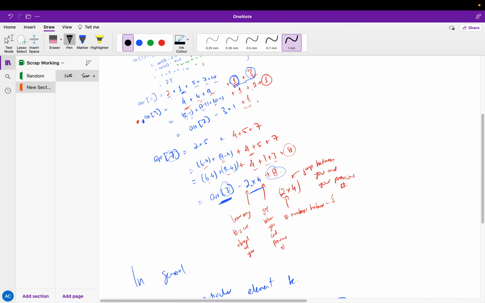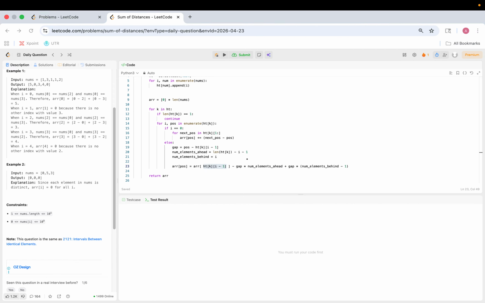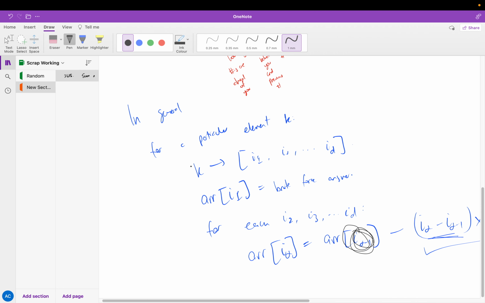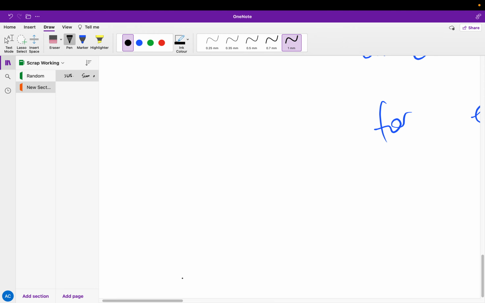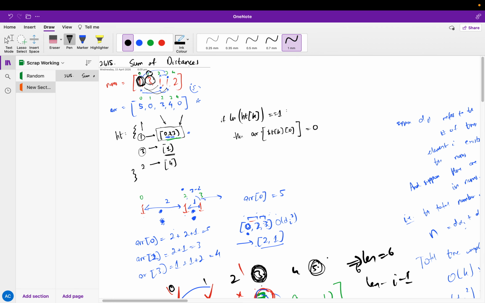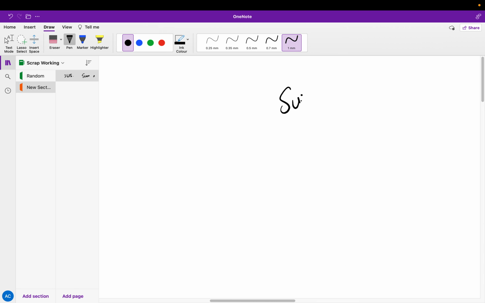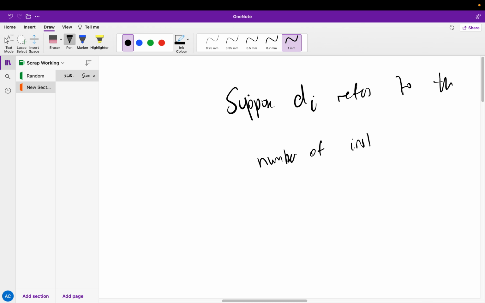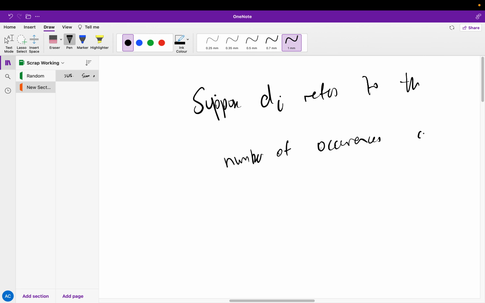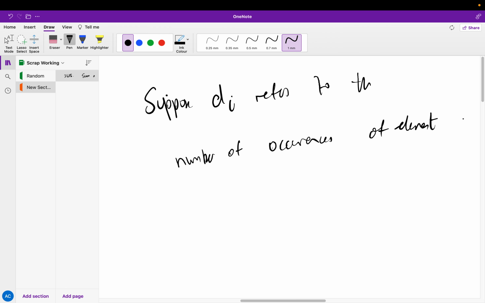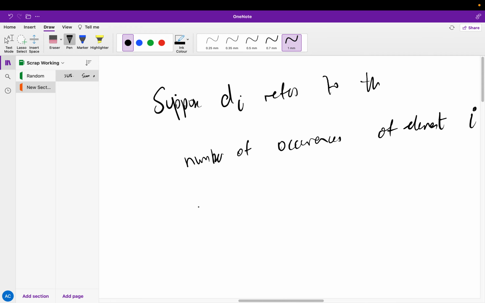Just in terms of time complexity, what's happening is, for k in HG, yeah, sort of taking the same sort of time complexity logic. Suppose di refers to the number of instances or occurrences of element I in nums, right?